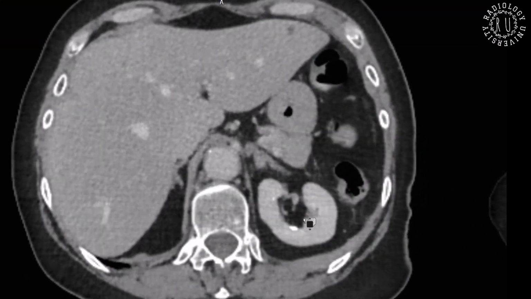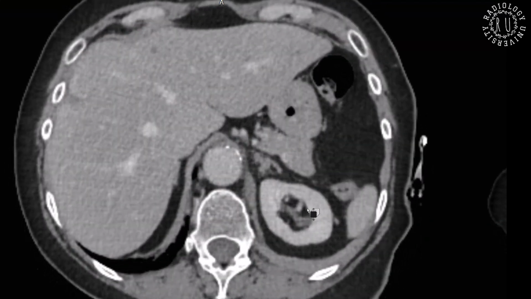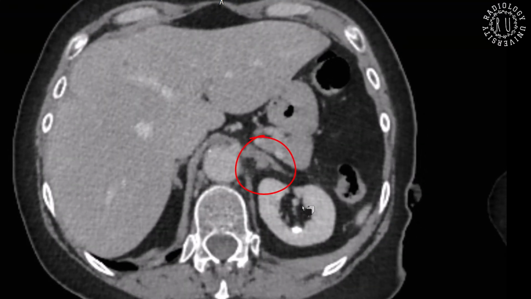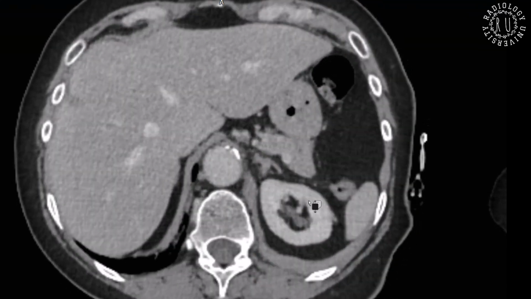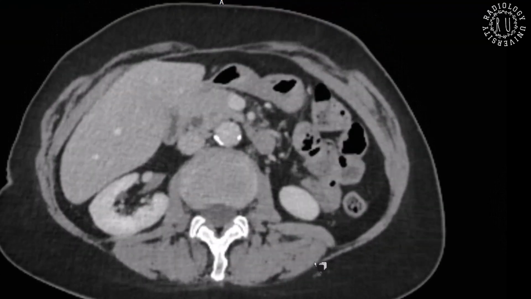There is a nodule. Yeah, there is nodular thickening over the left adrenal gland. Yes. Okay, so this could raise the suspicion of left adrenal metastasis.